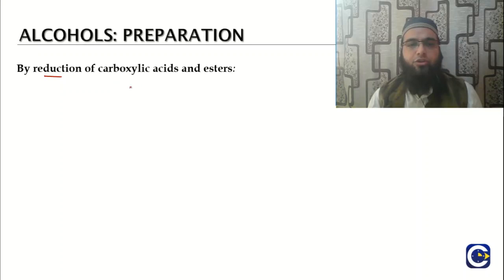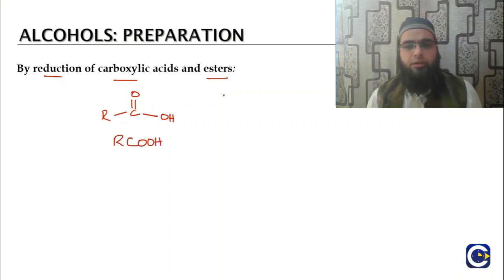and that's the reduction of carboxylic acids and esters. Carboxylic acids and esters are yet another important class of carbonyl compounds. The general representation of a carboxylic acid is RC double bond O, OH, or we also write it as RCOOH.